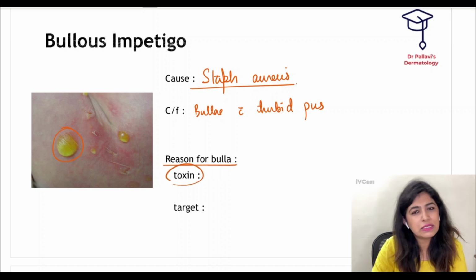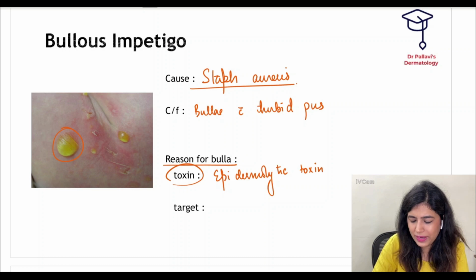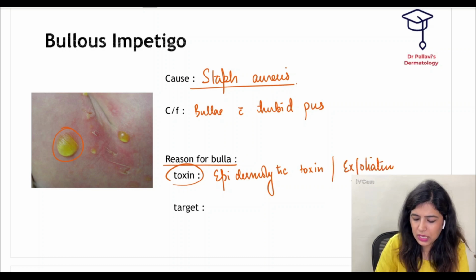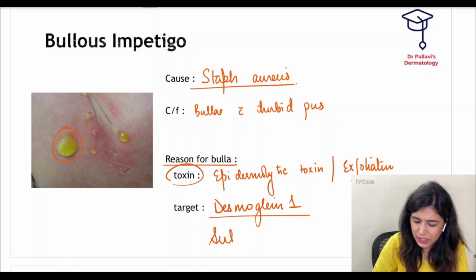It's a toxin which is secreted by the bacteria, called epidermolytic toxin, also called exfoliatin. It targets desmoglein 1. So when a toxin is targeting desmoglein 1, it will cause acantholysis, leading to formation of a subcorneal bulla.